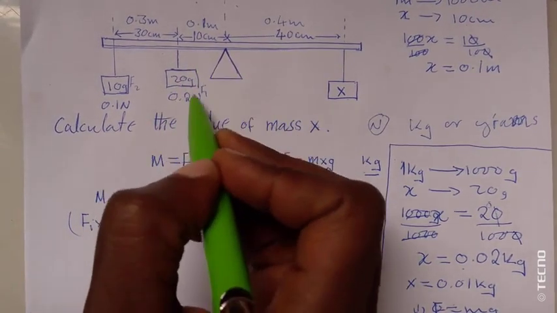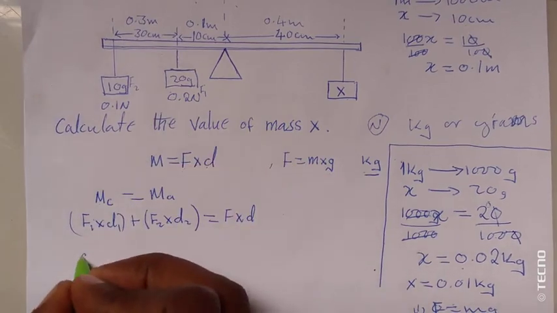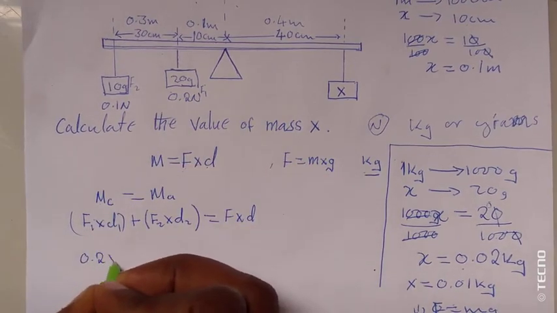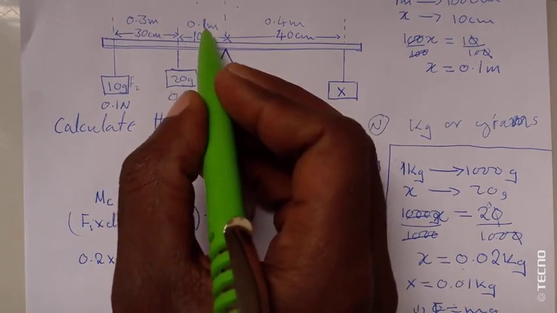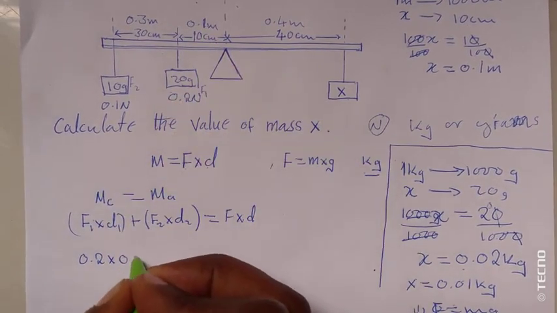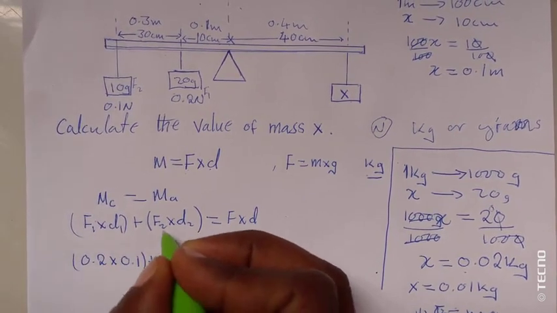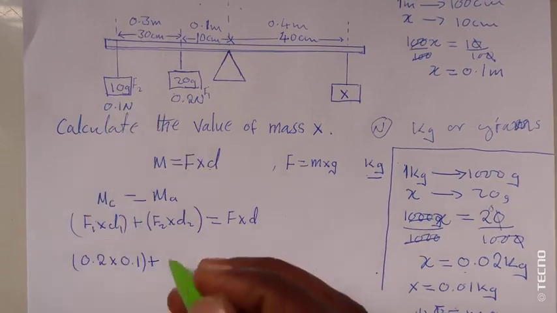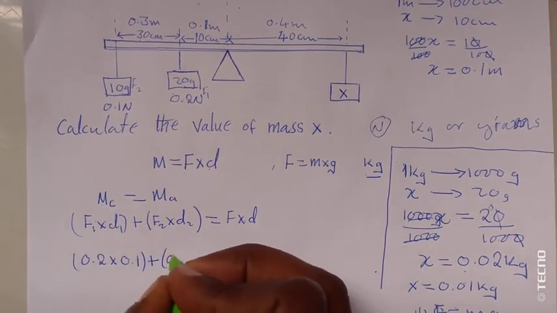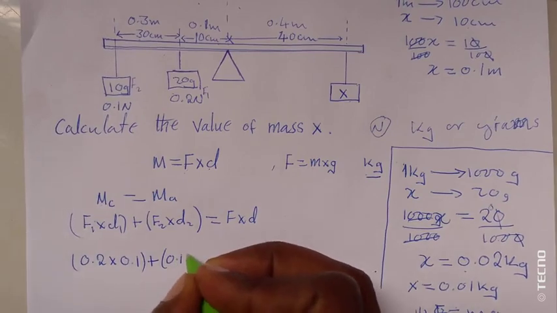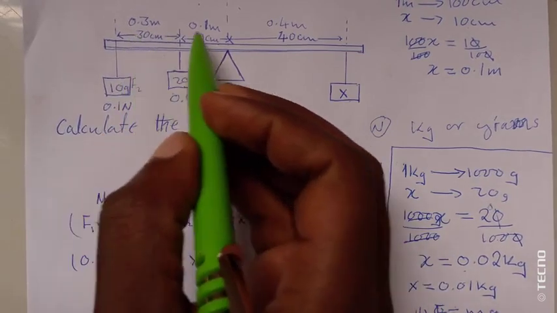So now let's substitute. We would pick this one, which is F 0.2 times distance, which is 0.1, then plus here we pick 0.1, then times the distance there.